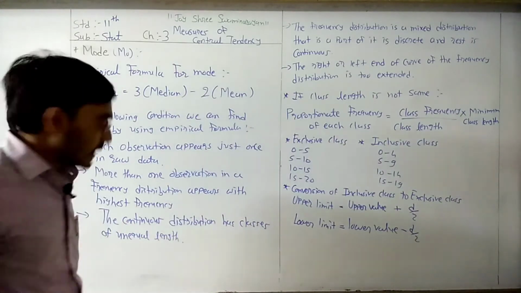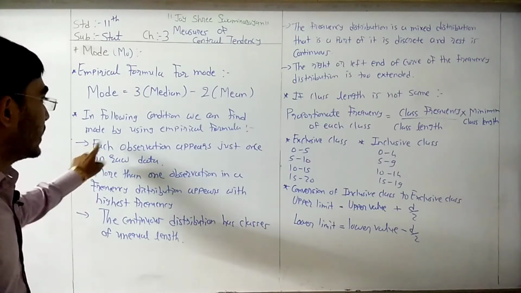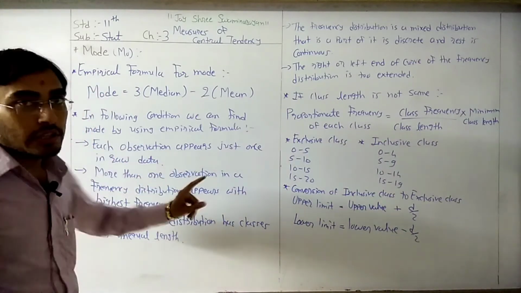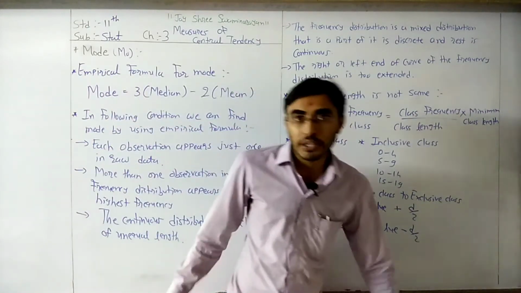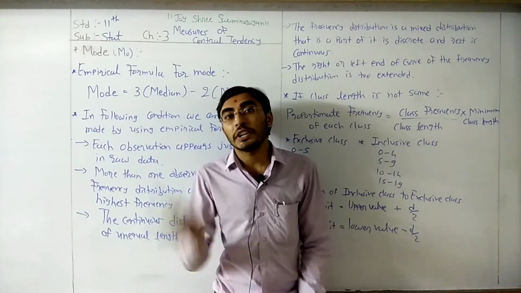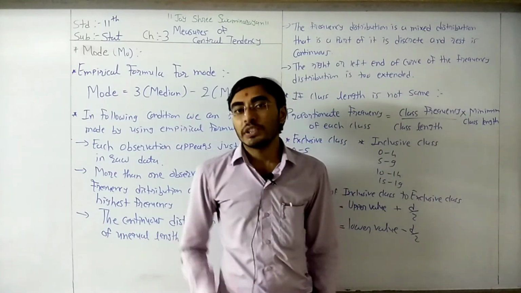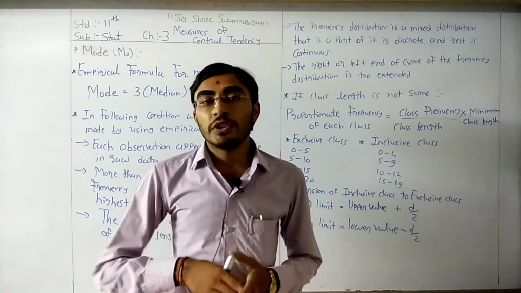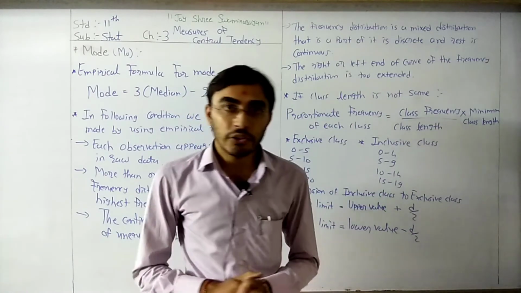Now what are the conditions? Let's see. The first condition is that each observation appears just once in the raw data. That means in ungrouped data, if no observation repeats twice, and all the observations occur only one time, then how can we find the mode? Mode means a number which repeats the maximum number of times, the most occurring digit.